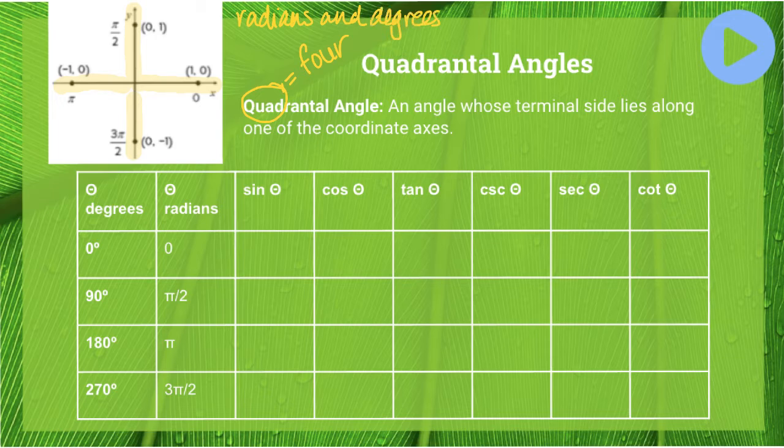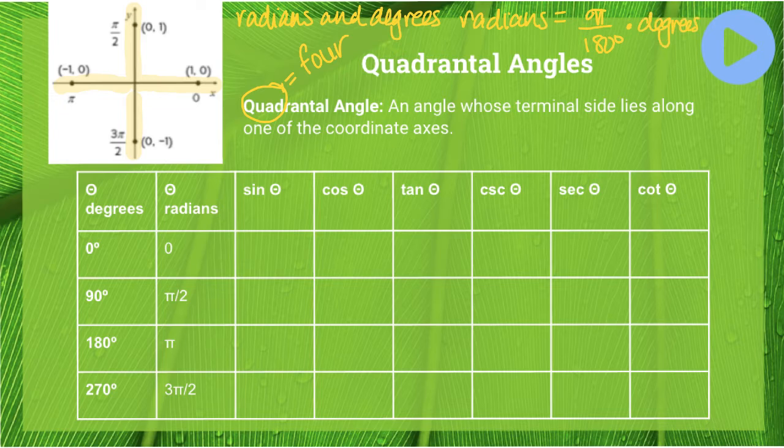To convert from radians to degrees, we use the formula radians equals pi over 180 degrees times degrees.